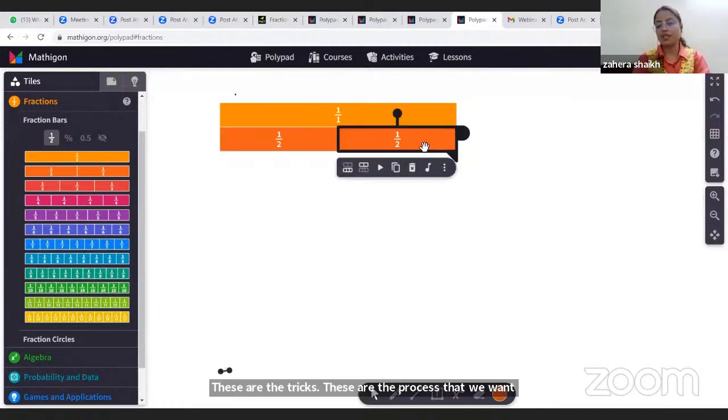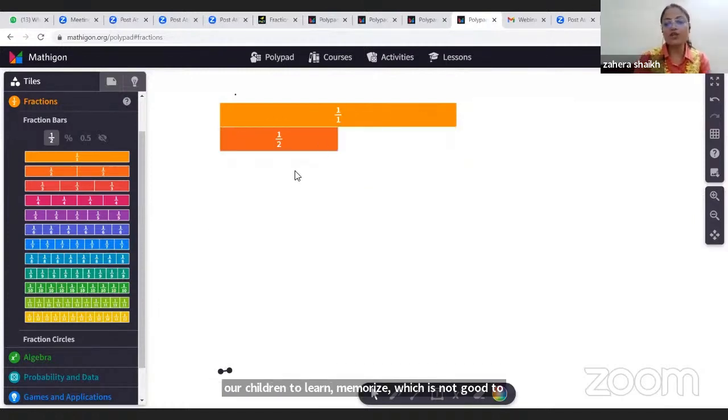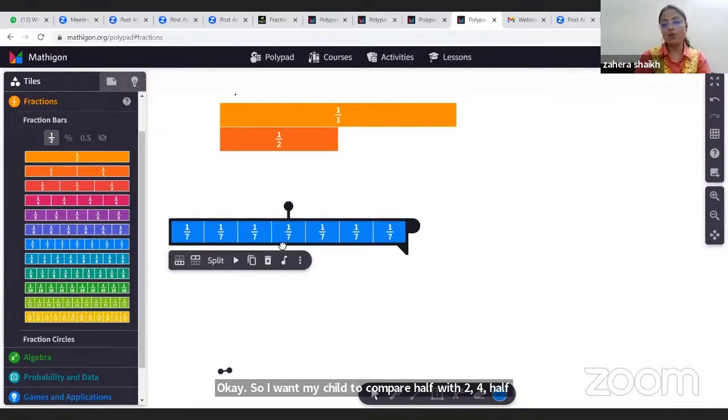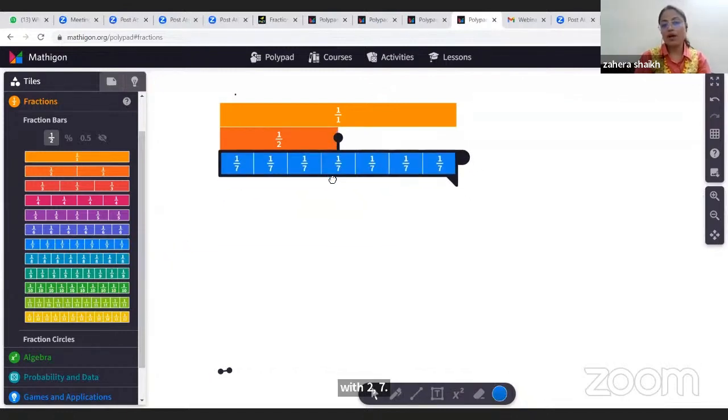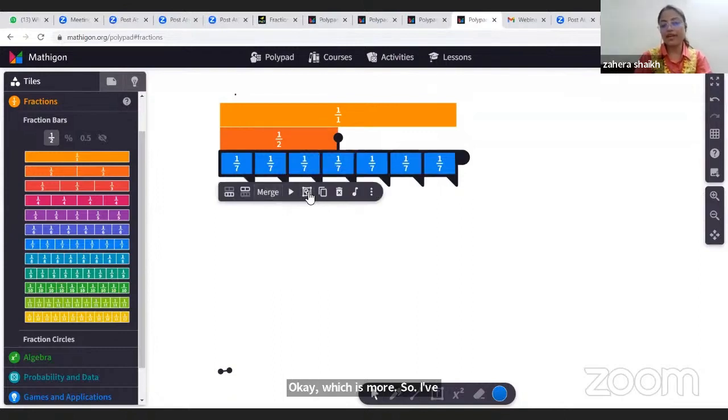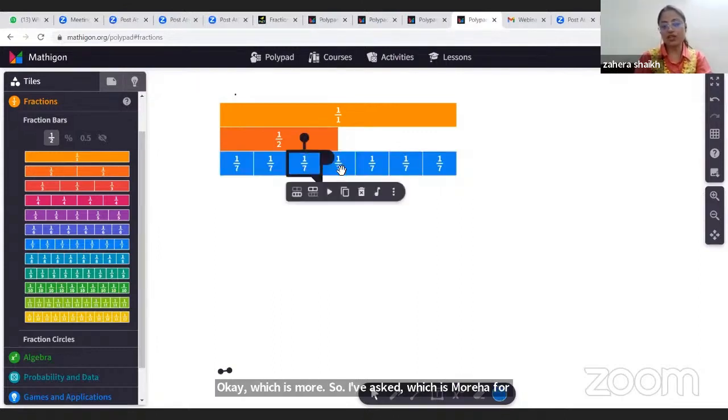which is not good to build flexibility. Okay, so I want my child to compare half with 2/7. Which is more? So I ask which is more, half or 2/7. Let me check. Just place these tiles under each other.